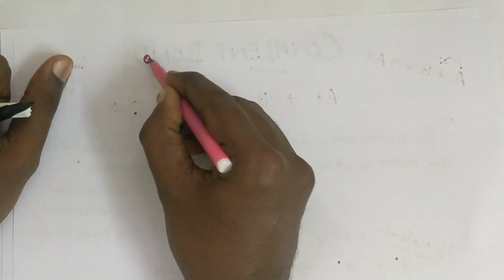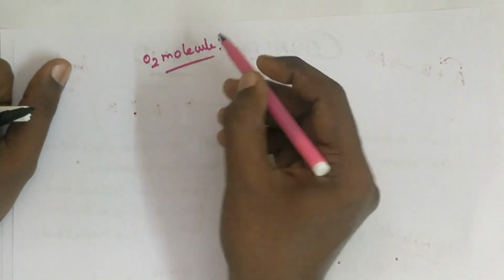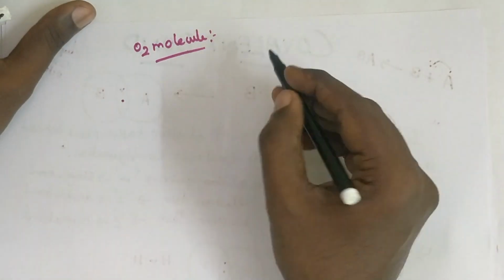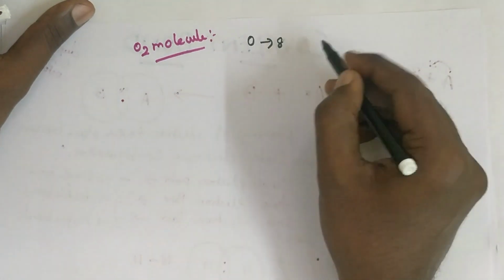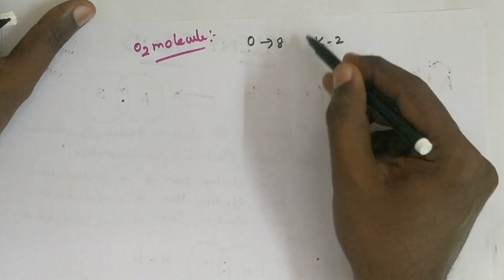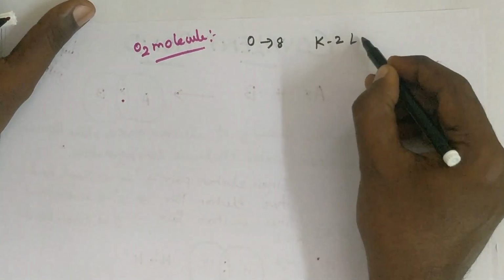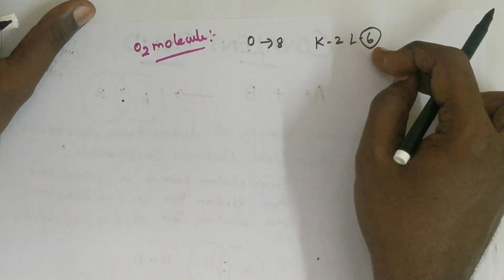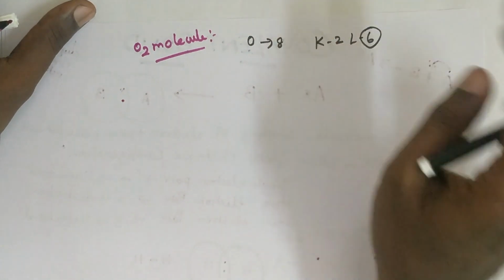Next is oxygen molecule. Oxygen molecule means two atoms of oxygen combine to form an oxygen molecule. Oxygen atomic number is 8. When you draw Bohr's model, the K shell contains 2 electrons. Maximum you fill only 2 electrons. Out of 8, 2 electrons filled means the balance 6 are in the outermost shell. You have to see only this outermost shell; no need to see the electrons present further inside.